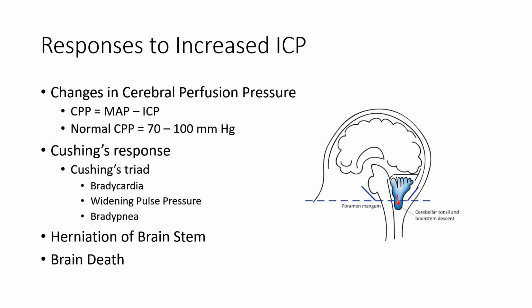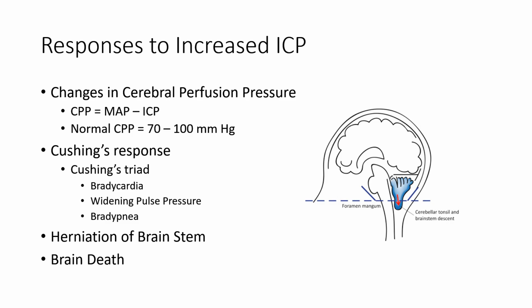It is calculated by obtaining a mean arterial pressure, which is an average of the patient's blood pressure, and subtracting their intracranial pressure. This gives us a normal cerebral perfusion pressure of 70 to 100 millimeters of mercury.